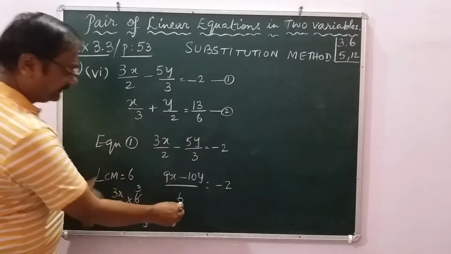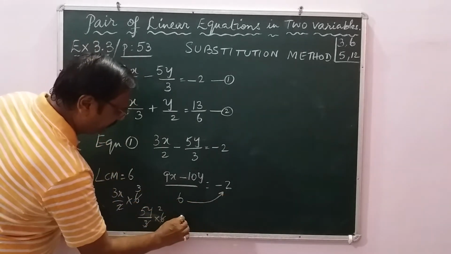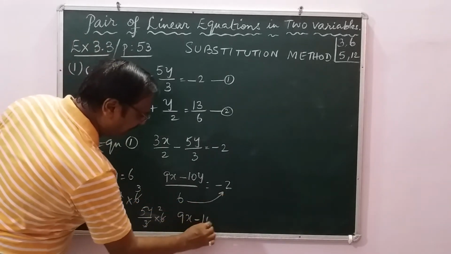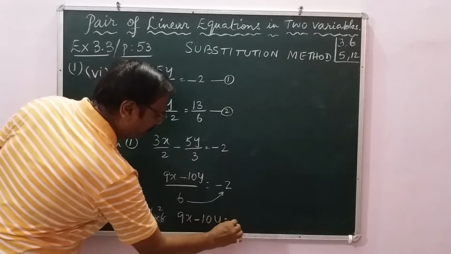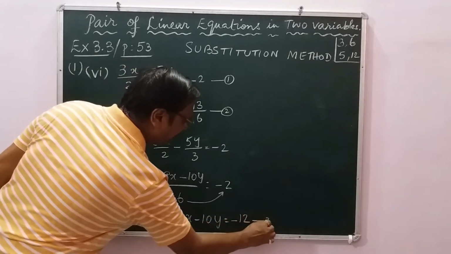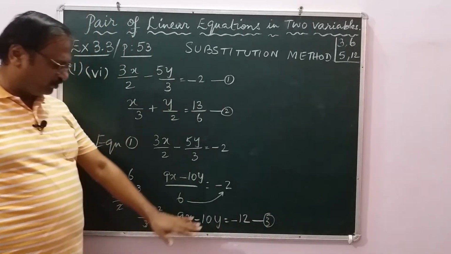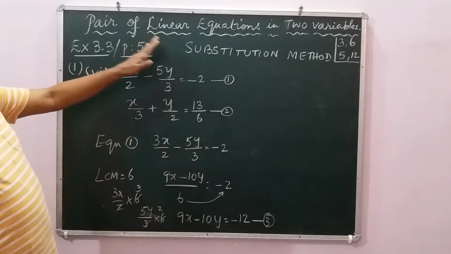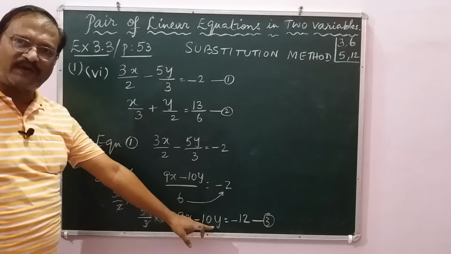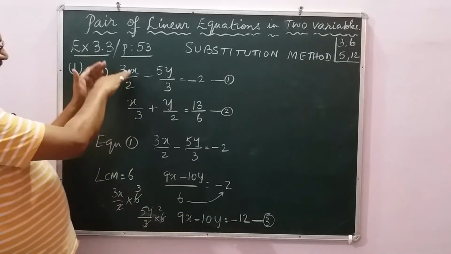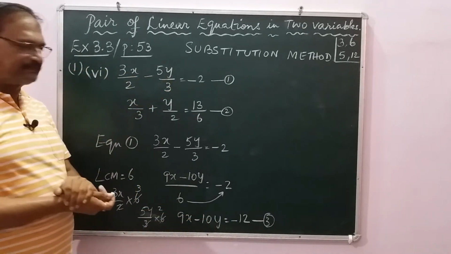Now 6 is here, so I can take it over there. So 9x minus 10y is equal to minus 12. This is equation number 3. You see, it's a very simple linear equation with two variables x and y. It doesn't have a denominator and all these complex things.